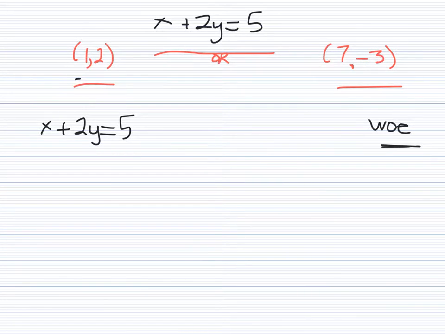So I have 1 plus, and 1 replaces the x here, and the 2 goes where the y is, and now I just work out my equation. This is going to be 5 equals 5. So that is a true statement.